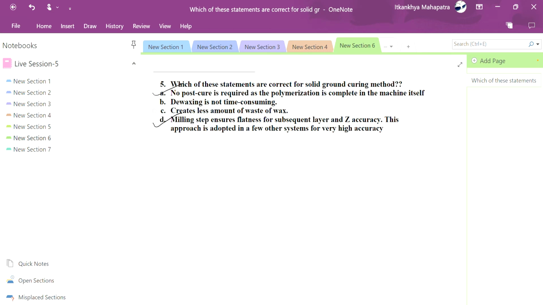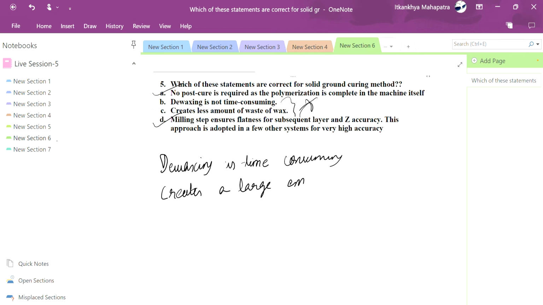But option B and C, dewaxing is time consuming, which I already said, and it creates a large amount of wax.